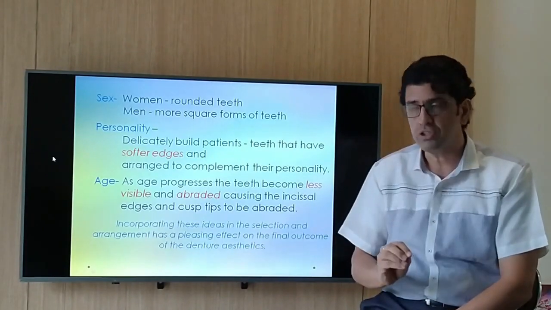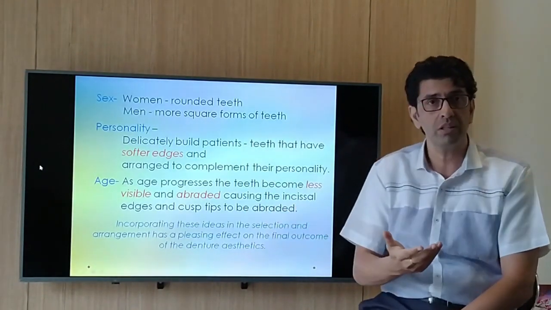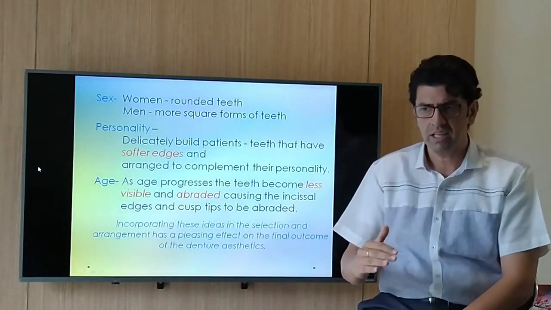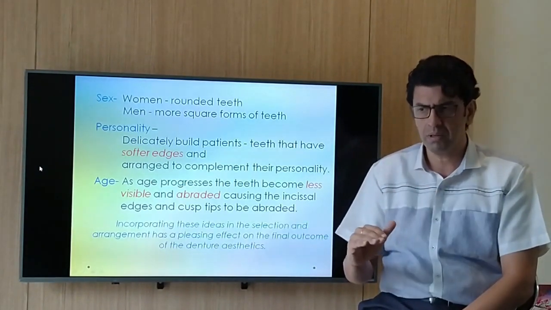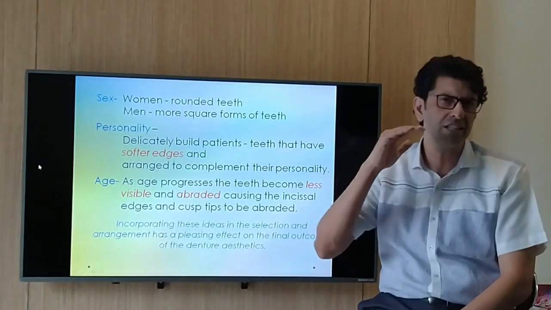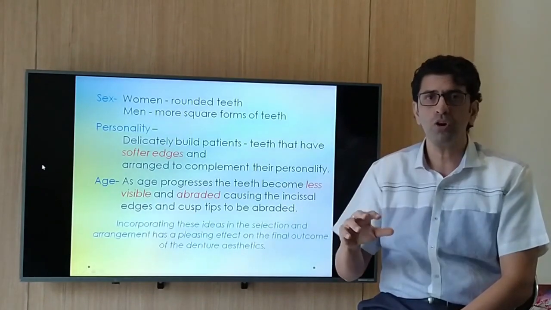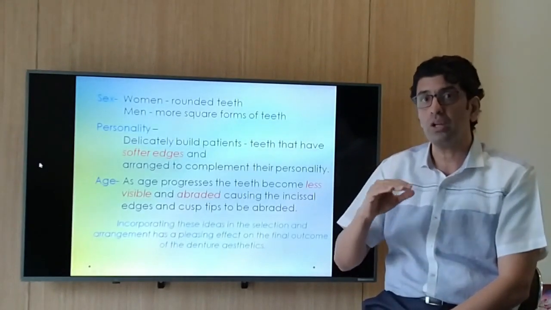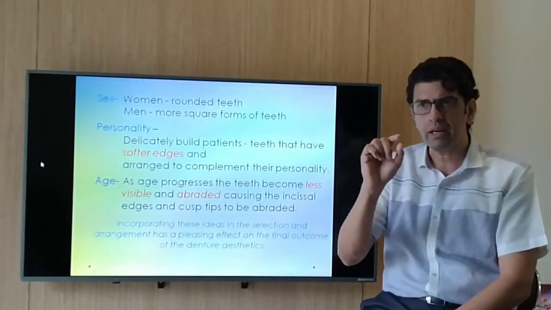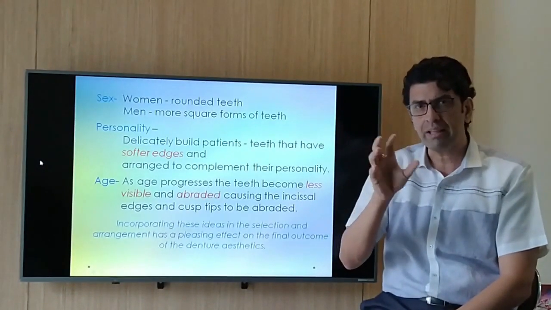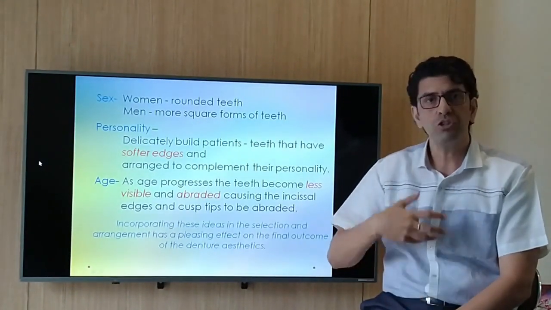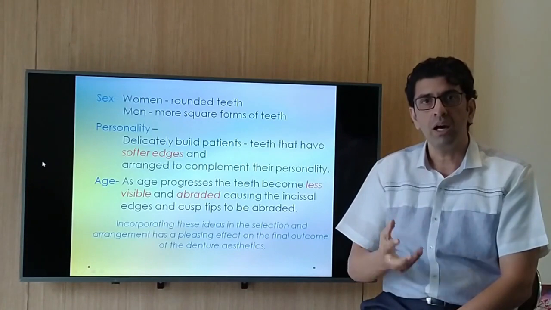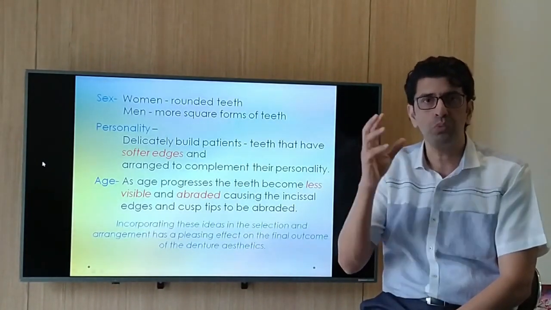Now, when you come to age, you're going to think about, as the age progresses, you're going to have wear facets and the teeth are going to become less visible, and so the incisal edges are going to get abraded. Because of all this, definitely you're going to have less display. You're going to characterize your denture to reflect that age a little bit more and to make it look in tune with that age.